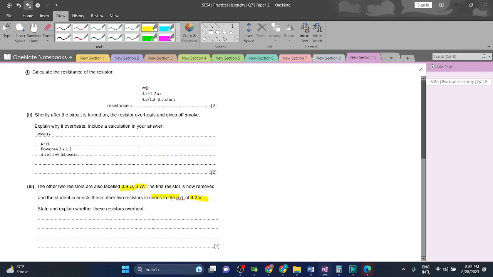I think yeah, series. So first of all, जो दो resistors होंगे they will have a combined resistance of 3.9 plus 3.9 which is 7.8. So that will be the combined resistance. So now 7.8 as the combined resistance आ गई.